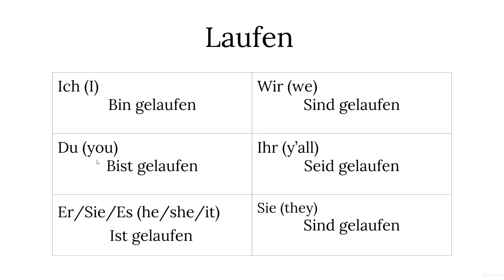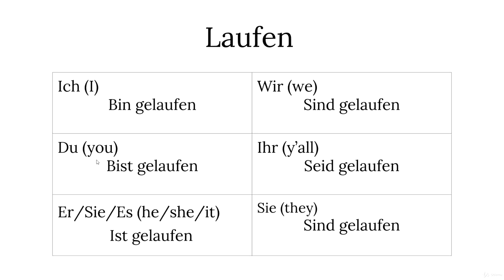Let's see how we can use this verb to run. Laufen. Starting with Ich bin gelaufen. I ran. However, du bist gelaufen. You ran. Er, sie, es ist gelaufen.